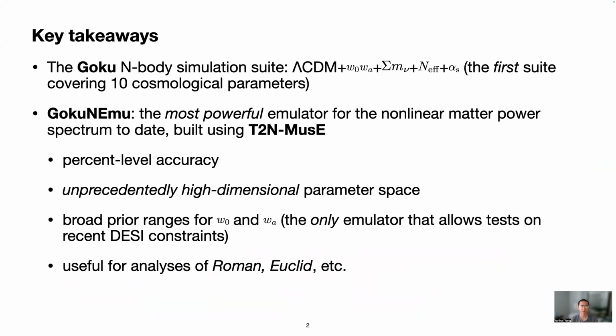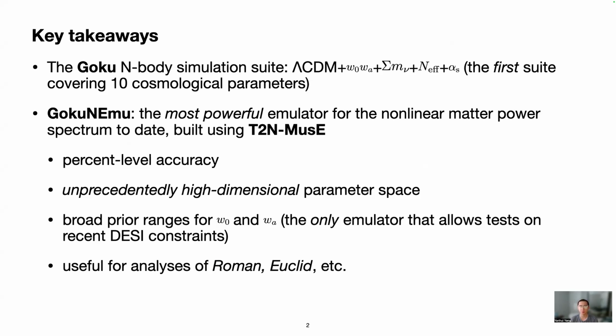Here are the key takeaways of this talk. We have performed the first simulation suite covering 10 cosmological parameters, and we have built the emulator based on the simulations named GokuNEmu.